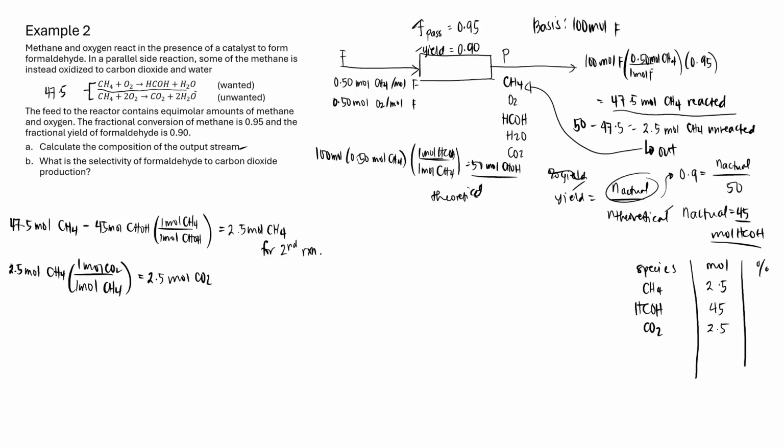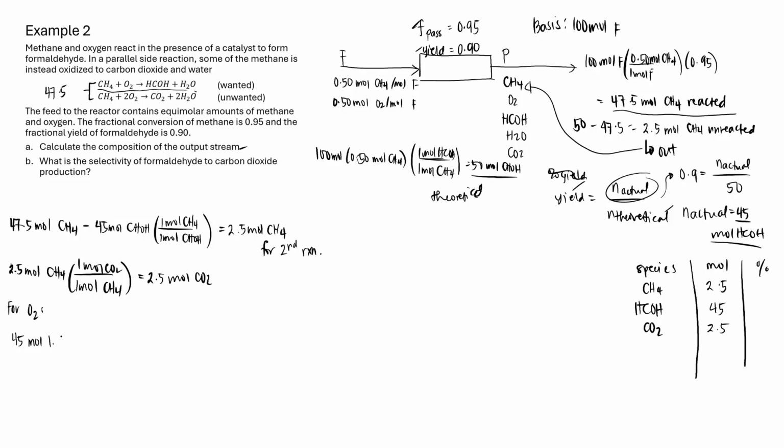Next. Let's do O2. Okay. So for O2, in the first reaction, there's 45 moles of formaldehyde. So let's see how much O2 is consumed.